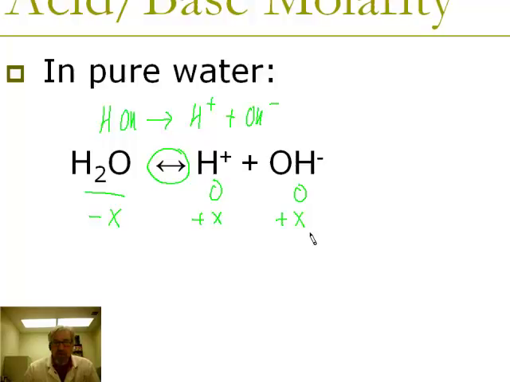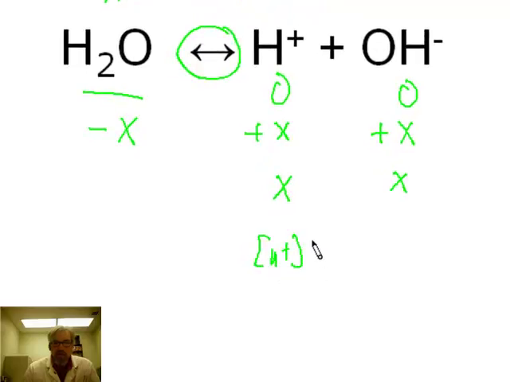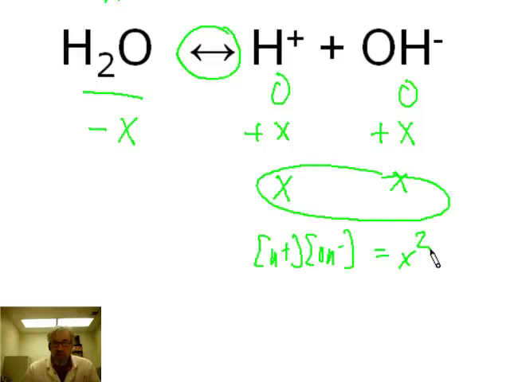So by the time it stops ionizing and I've reached that dynamic equilibrium where the back and forth reactions are going at the same speed, I have X moles of H+ per liter and X moles of OH-. So the concentration of H+ in pure water times the concentration of OH- in pure water, according to the stoichiometry, would be X squared, whatever X is.